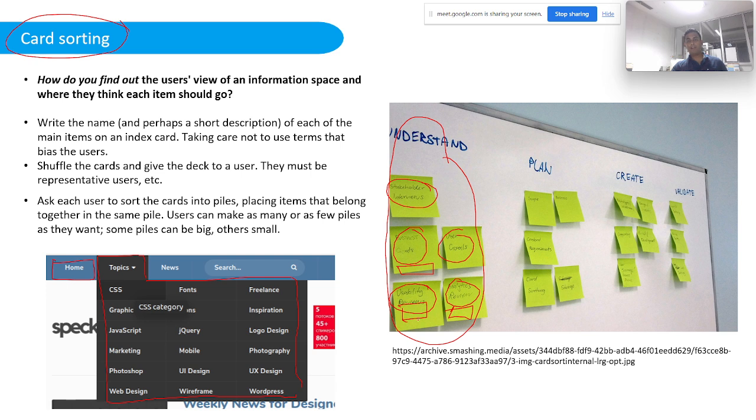Here a user tries to group all these individual cards into certain key chunks or key categories.